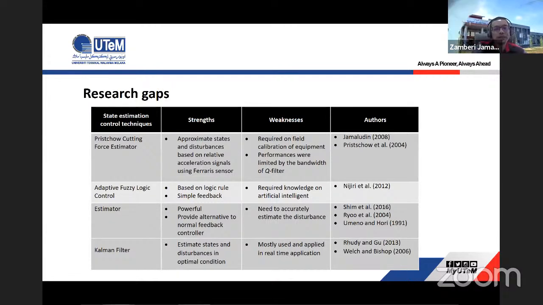My student here has highlighted some very important journal publications. He looked at the strengths and the weaknesses, and from there he could identify the research gaps. So what hasn't been done yet could be our starting point.